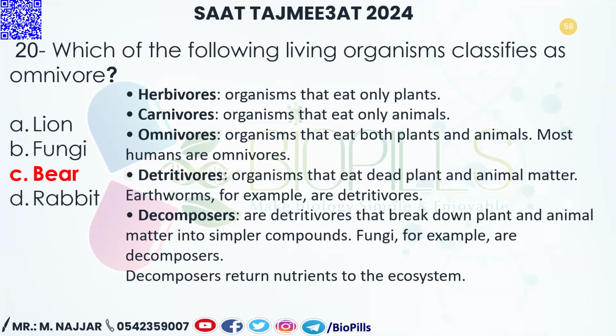Detritivore, feed on the dead organisms, or the leftovers, or the droppings, or the deposits. While the decomposers are detritivores that break down the dead organic matter from plants and animals and return it back to the environment. Yeah, this is the decomposer.